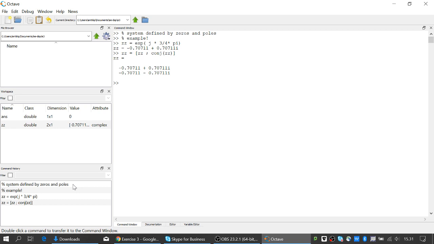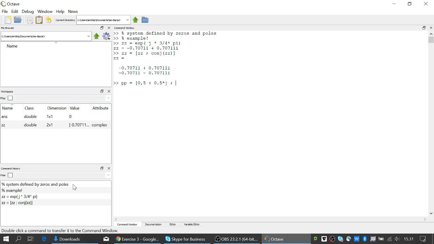Next, the poles. This is easy. Pole equals 0.5 plus 0.5 times j, semicolon, and then another row, 0.5 minus 0.5 times j.